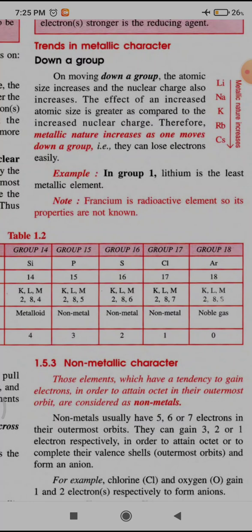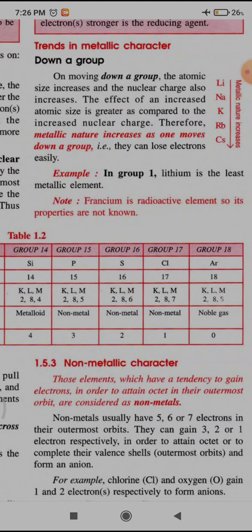Sorry, I think I said decreases. Down a group your atomic size increases and nuclear charge decreases. And atomic size is more means the element can easily lose the electron.